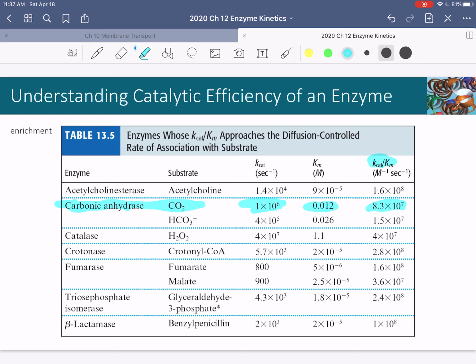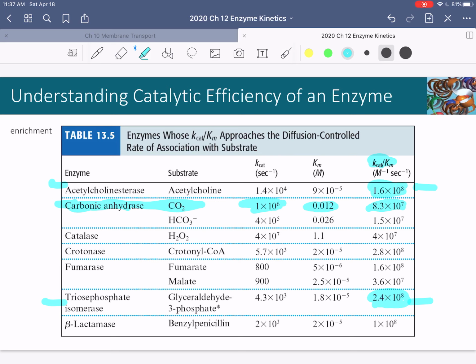It's 8.3 times 10 to the 7th, which is only surpassed by one of the world's most perfect enzymes, acetylcholinesterase, which has a Kcat over Km of 1.6 times 10 to the 8th, one of the fastest. Here's another one, triose phosphate isomerase. Our TIM barrel protein has another perfect catalysis.